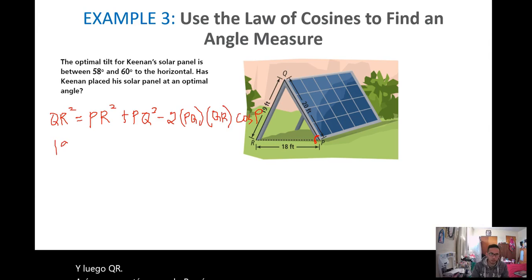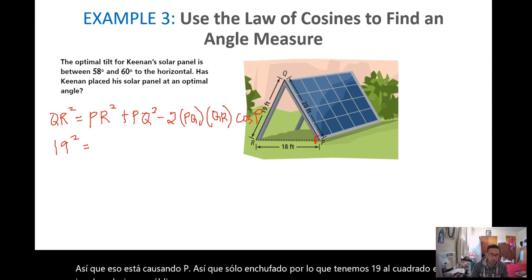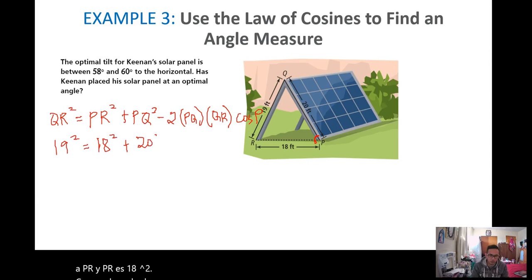So we have 19 squared is equal to PR is 18 squared, and then PQ is 20 squared, minus 2 times 18 times 20, and then we are missing the cosine P. Sorry about that.